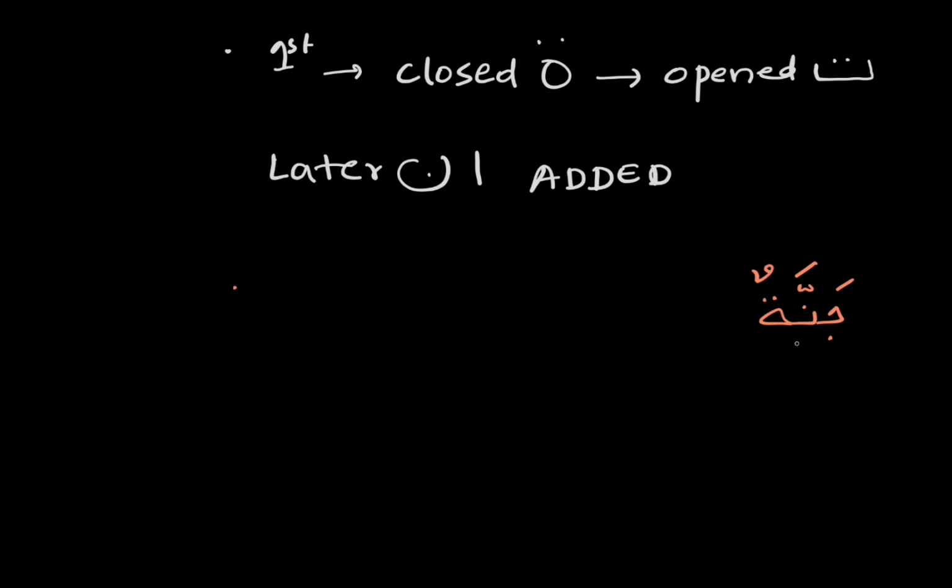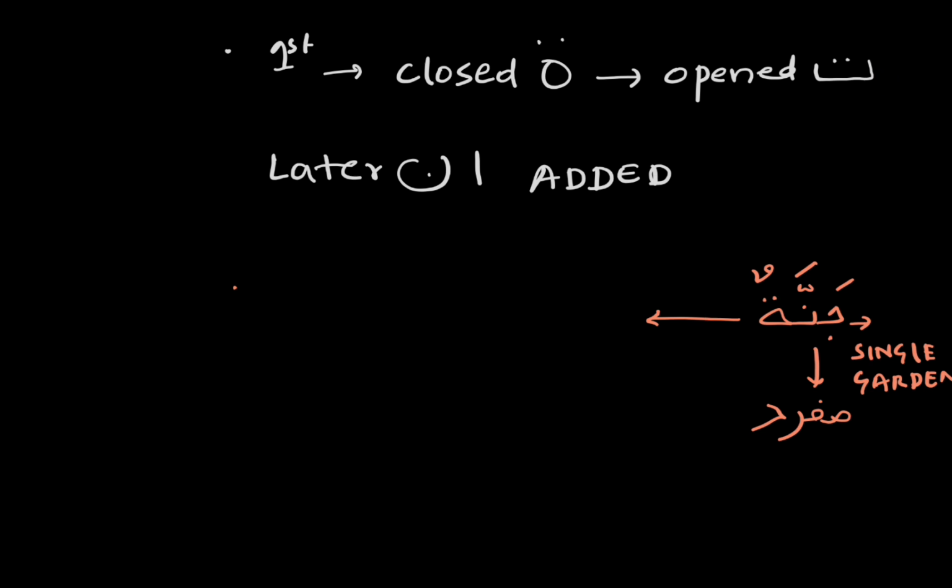So let us see one example. Example: Jannatun. Jannatun means a single garden. It is mufrad, that is singular. Now let us learn how to convert this Jannatun into a dual form.